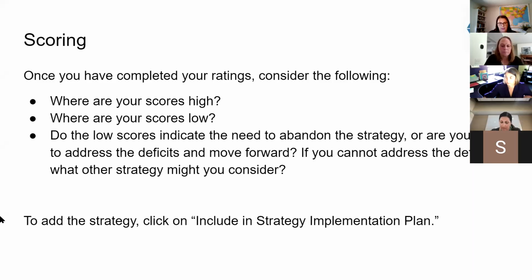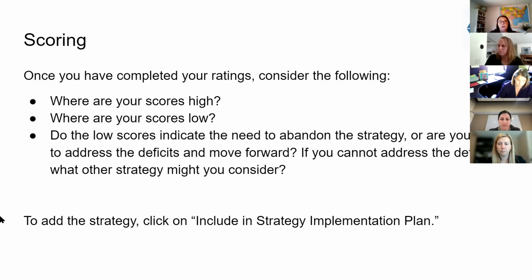So for example, taking Stephanie's example of PBIS, if you are low in capacity because you need to hire a coordinator or a coach, or there are some systems you need to put into place first, it doesn't mean that you can't use PBIS as a strategy.